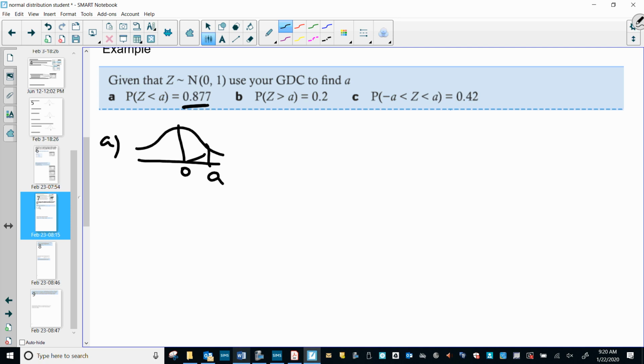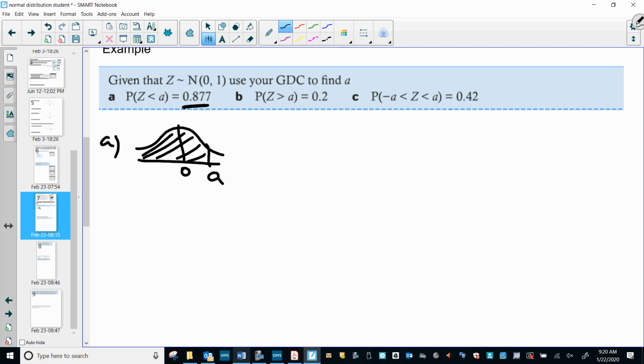So the probability, we just describe it as the area. So that's the probability that would be the area. Because remember, half of it is 0.5.